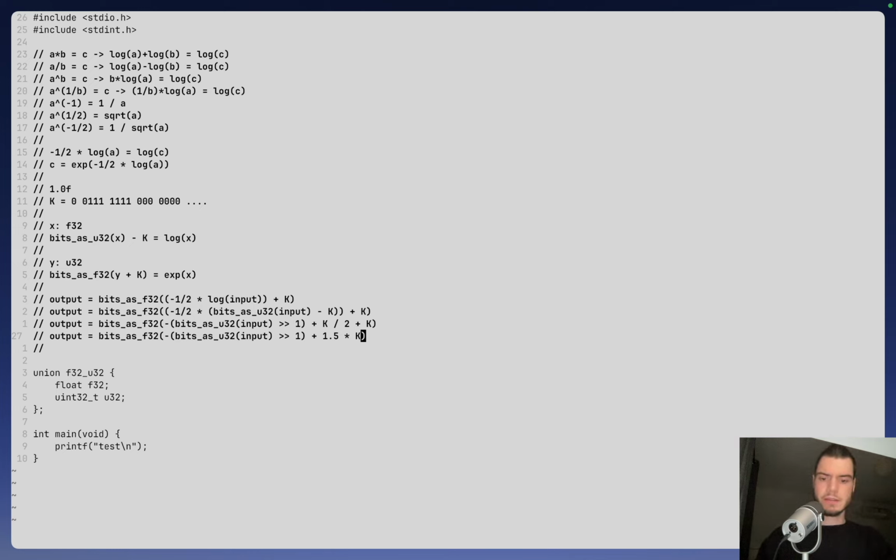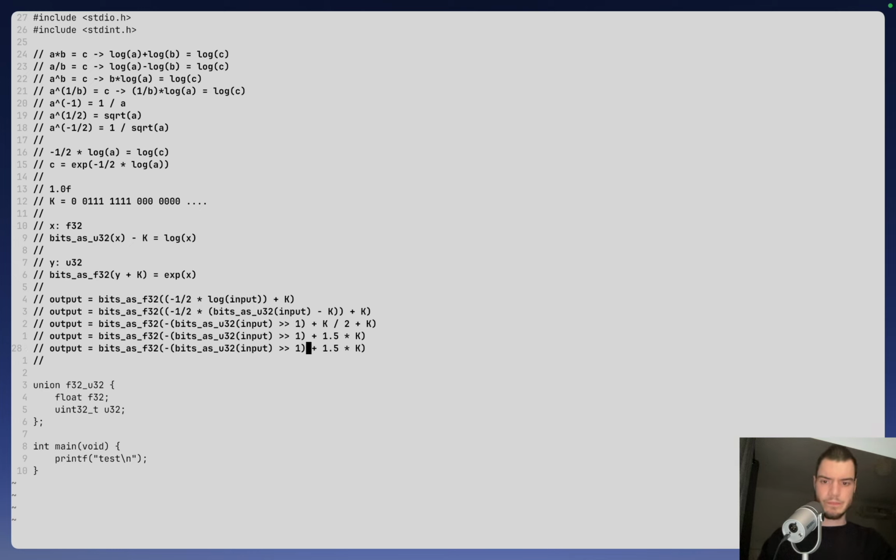So the way we can write this as well is by doing 3 times k, shifted to the right by 1. And I think that's about as far as we need to simplify this.